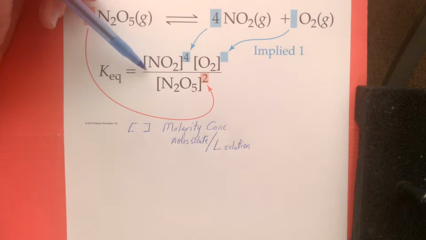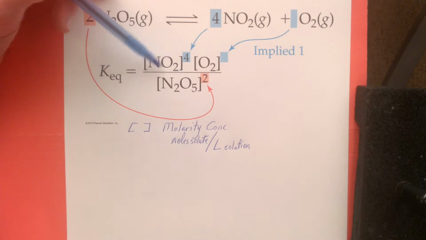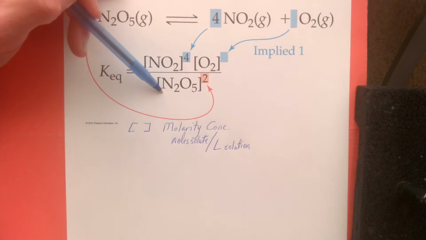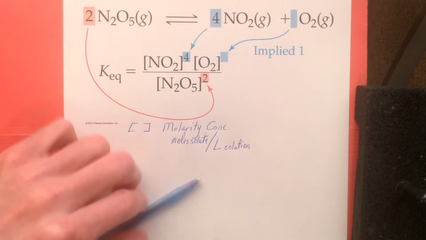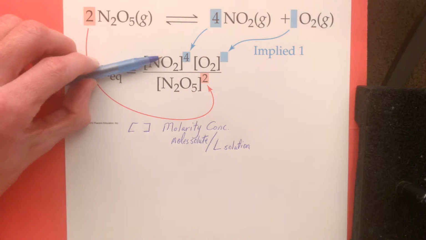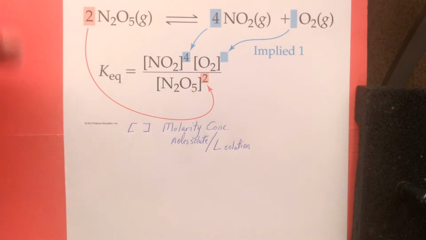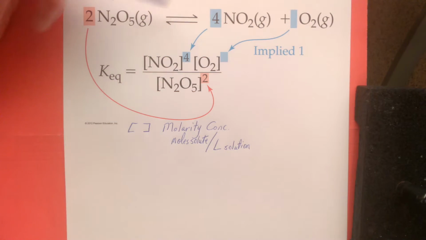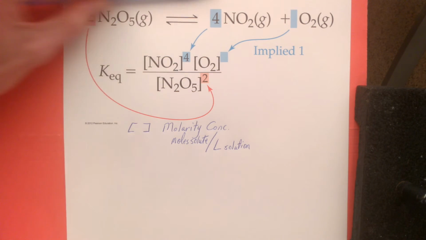We also remember that we put the products on top. They're our numerator. The denominator is your reactants. It's always products over reactants. We write these equilibrium constants relating to the forward reaction.